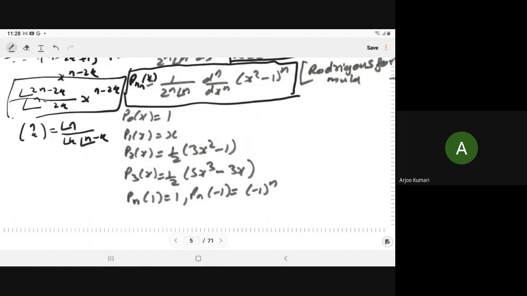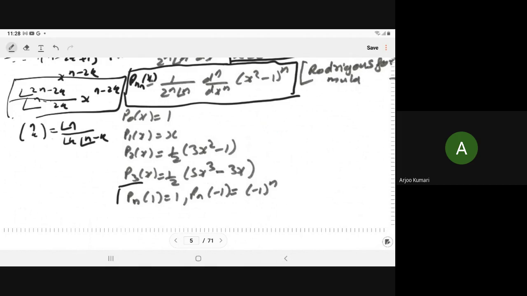P_2 is equal to 1/2 (3x^2 - 1). Then P_3 is equal to 1/2 (5x^3 - 3x). And note down here, later on I will prove, P_n(1) is equal to 1 and P_n(-1) is equal to (-1)^n. So that we can compute.